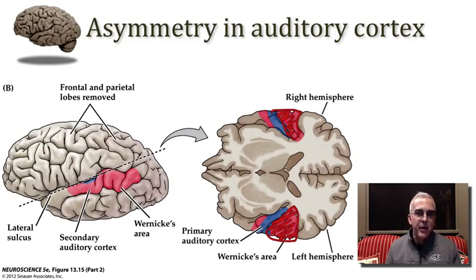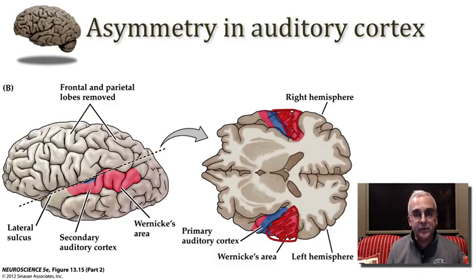Now, it had been thought, and perhaps there's still some truth to this, that this asymmetry in structure relates to the asymmetry in function that's associated with language comprehension. However, the fact that the majority of us, somewhere around 97-98% of us, have our functional Wernicke's area in the left hemisphere, whereas only about 2/3 of us have an asymmetry of the planum temporale, suggests that there must be more going on there.